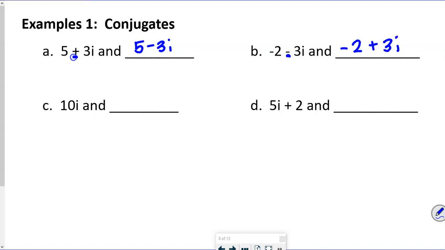And notice we don't have a real part in c, so this is going to be negative 10i. And D, notice with D that it's not put in standard form first. So I'm going to do that first. I'm going to do 2 plus 5i, put it in standard form first, because then I know that this is the only part that changes. So it's going to be 2 minus 5i when I write the conjugate of 2 plus 5i, okay?